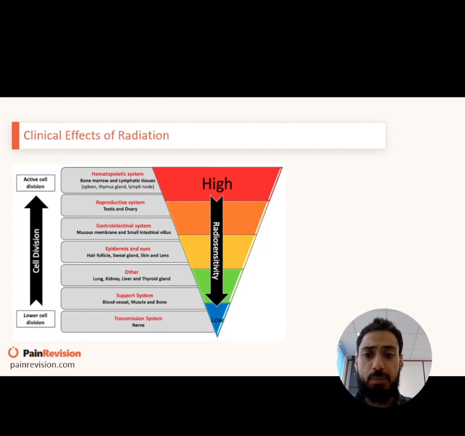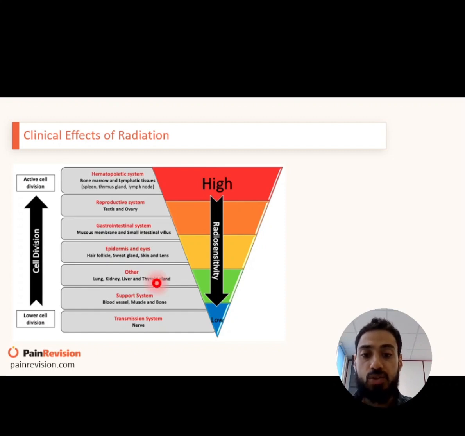If, for example, you take the hematopoietic system, one of the effects you can get is bone marrow failure and pancytopenias. With lymphatic tissues, you can get cancers relating to the bone marrow and the lymphatic system. In the reproductive system, naturally, the clinical symptoms might present as decreased fertility or infertility. The gastrointestinal system can present with nausea, vomiting, GI symptoms and GI cancers.